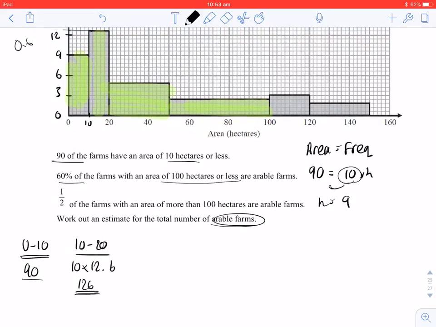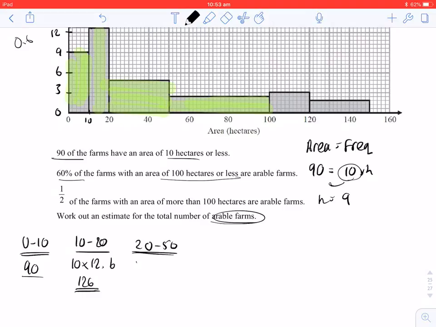Then the next one is from 20 to 50. So from 20 to 50, we've got our width is 20, our height is going 3, 3.6, 4.2, 4.8.